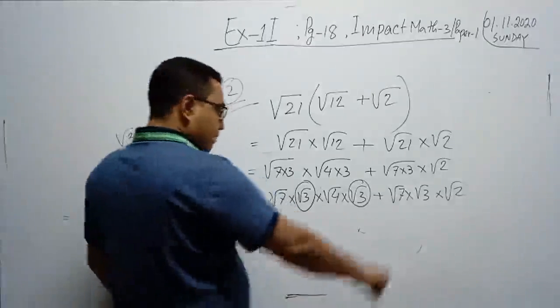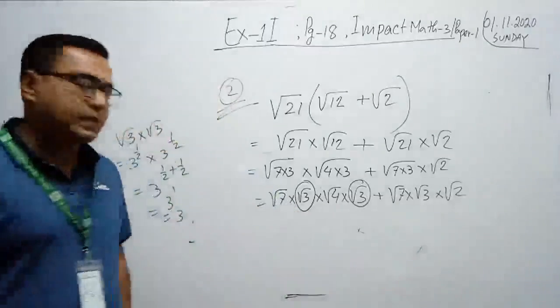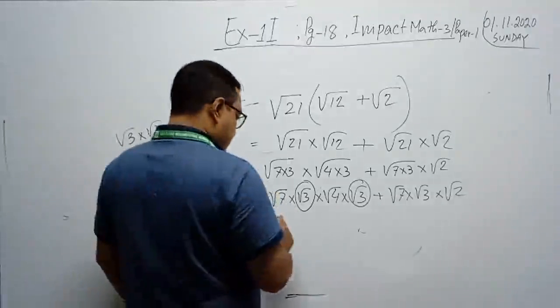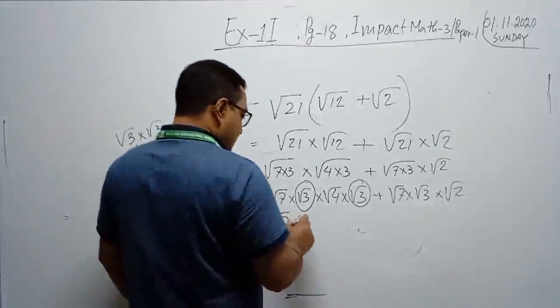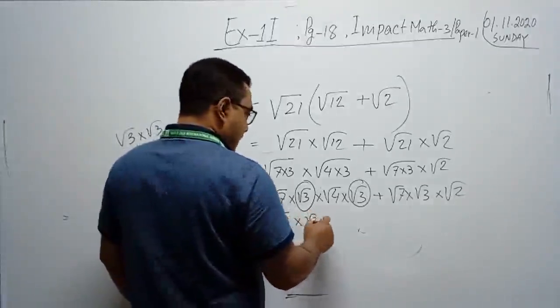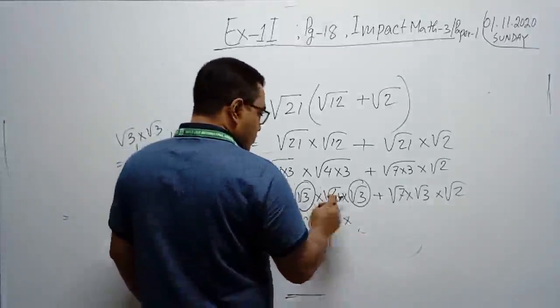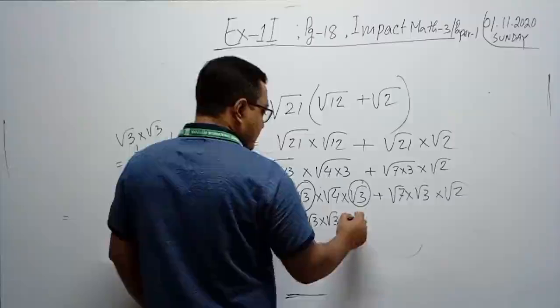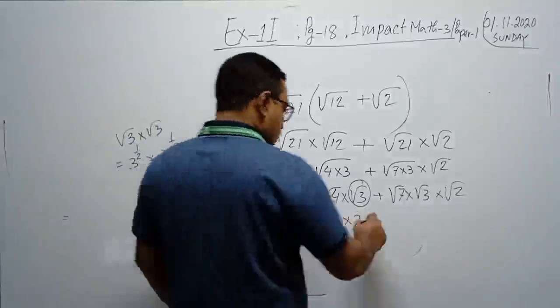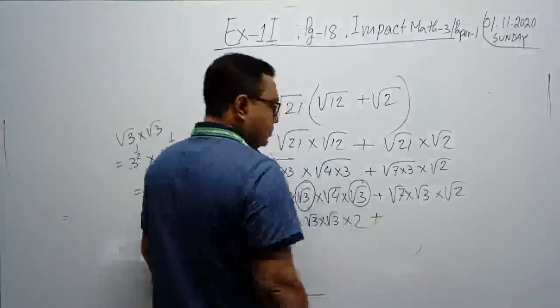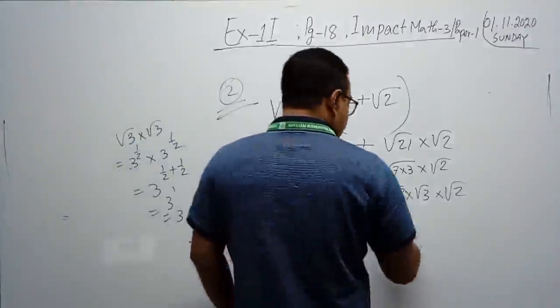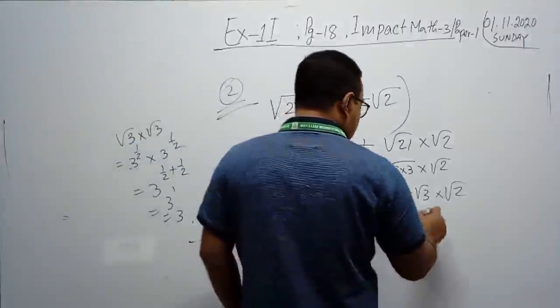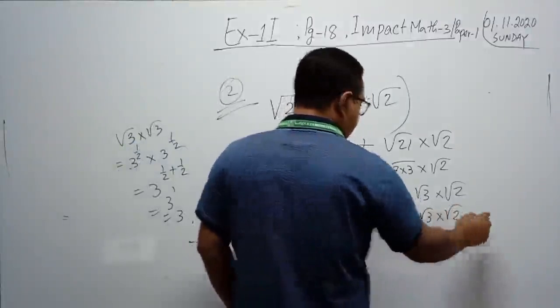These all multiply each other. Then square root of 7 and square root of 3, arrange them. Square root of 4, we can directly write it as 2. Then here square root of 7, square root of 3 and square root of 2.